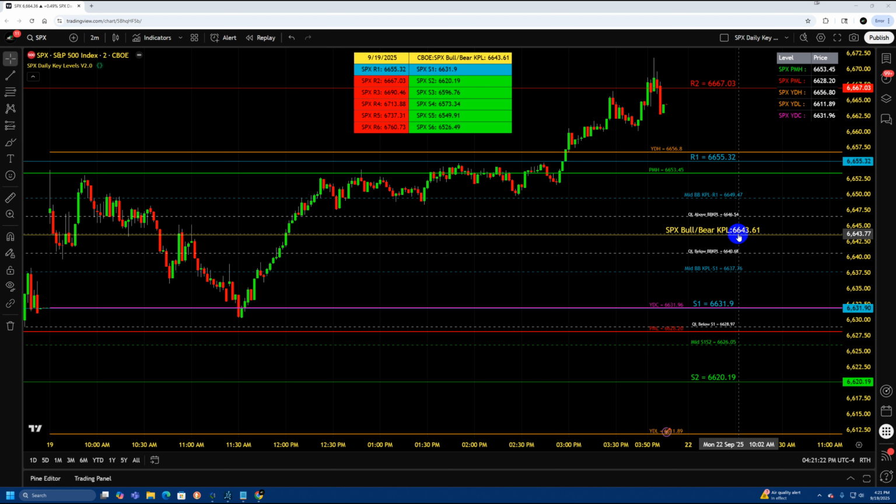However, in that context, the entries that you can take with this particular indicator are not limited to the bull bear key price level.